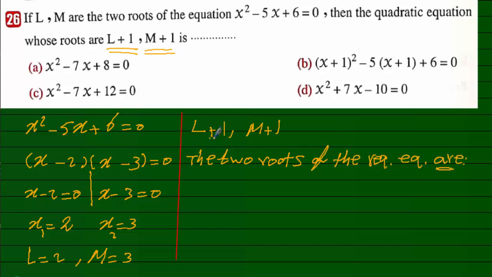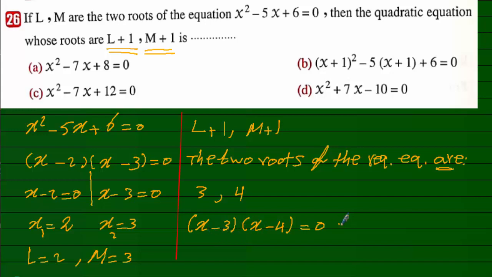So we have L equals 2, it's 2 plus 1 equals 3. And M plus 1, 3 plus 1 equals 4. So the required equation will be in the form x minus 3 multiplied by x minus 4 equals 0. And when you expand the two brackets, what do you get?